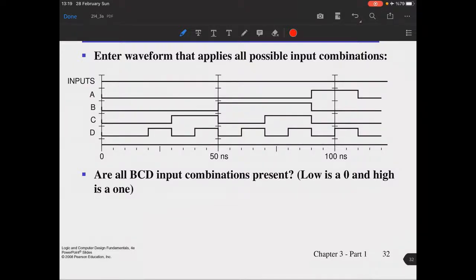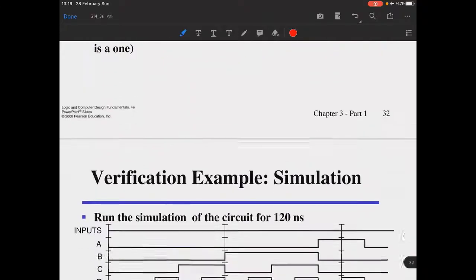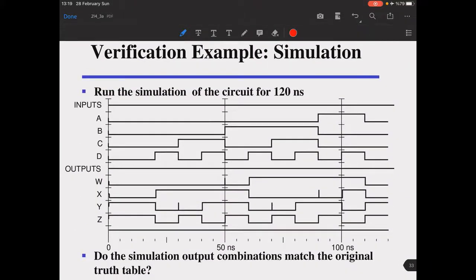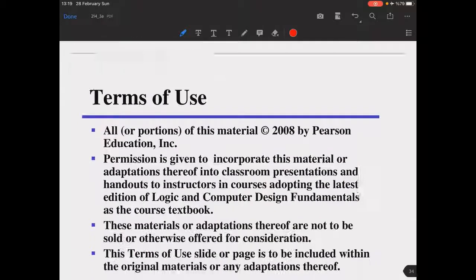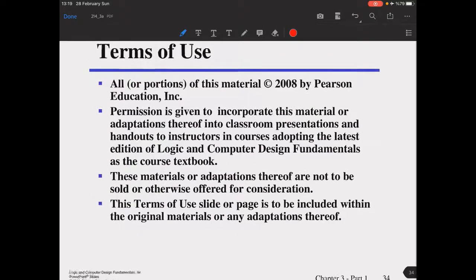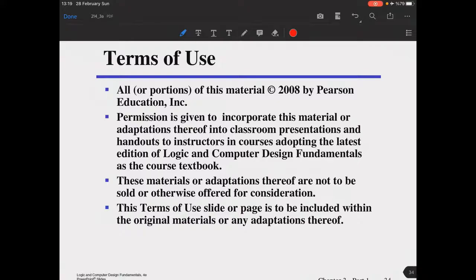And then you can say that, okay, this circuit works, or there is a problem. Give all of them and check them with the corresponding outputs here. Do they match? If yes, all right, you can go ahead and finish your design. Okay, this is all about the first part of combinational logic design.